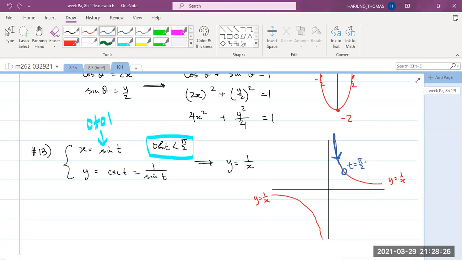But when t equals 0, it starts from something very, very far up there. And I cannot even use the arrow here pointing in that direction, because if I use an arrow like this, it is saying that it goes in that direction, which is not true. We actually come from that direction. It comes from there. So this is when t is between 0 and pi over 2, not including 0, not including pi over 2.